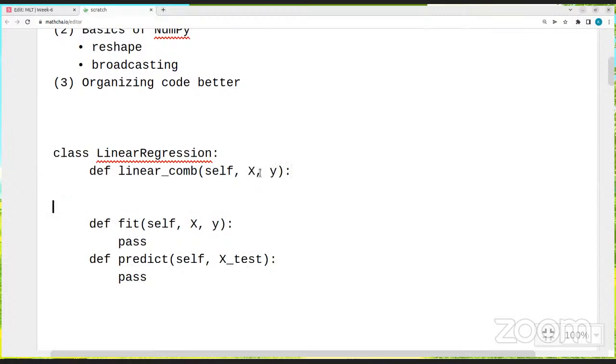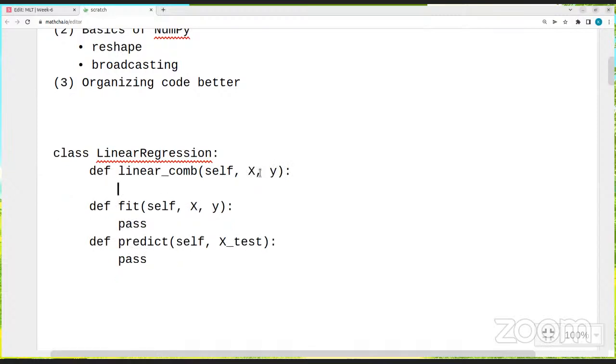I can do something like this, right? And return, sorry, this requires W and X, right? XW, basically what we are looking at. You do this so that your code becomes modular and all that.